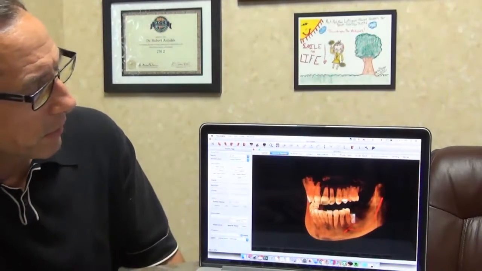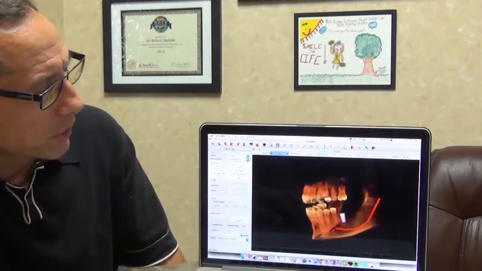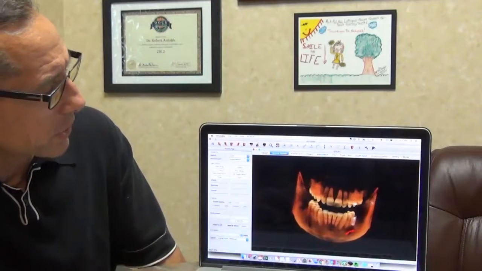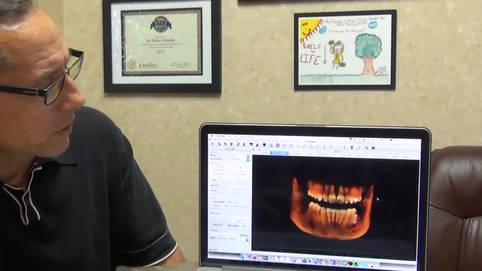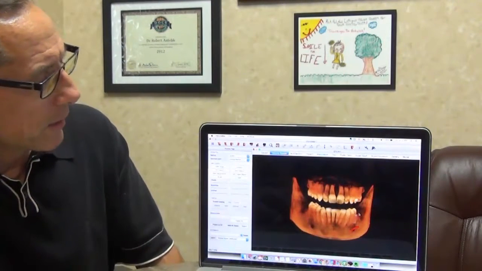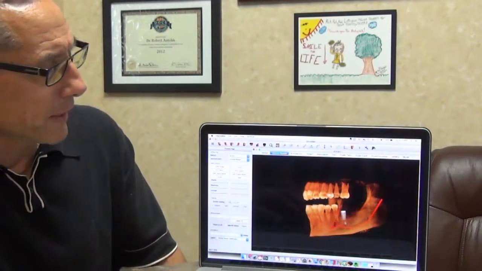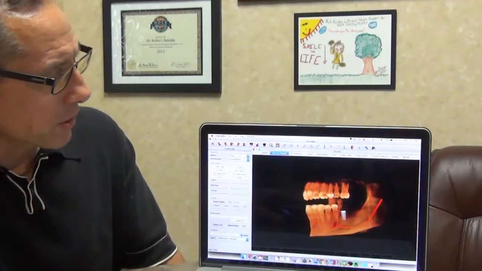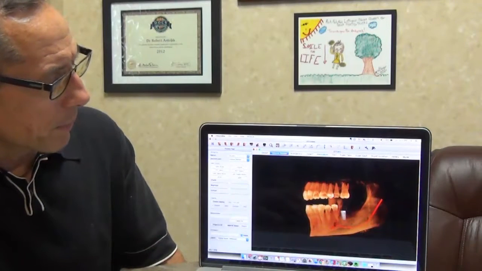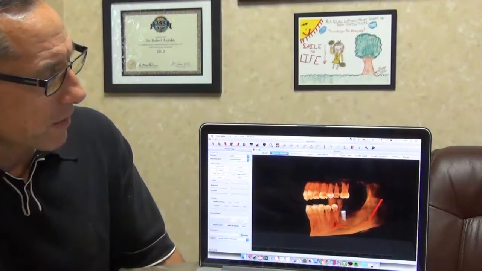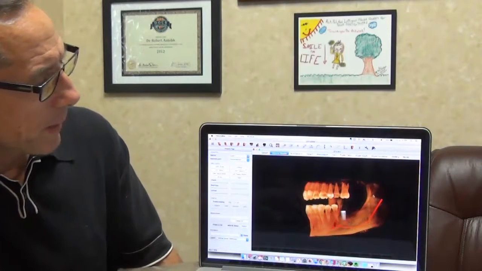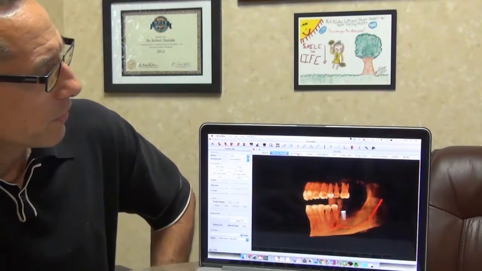It gives us the ability to look three-dimensionally at a patient, at their chart, and to virtually place dental implants. For example, in this patient here, I put a virtual implant inside there, and I actually mapped out where the nerve is.